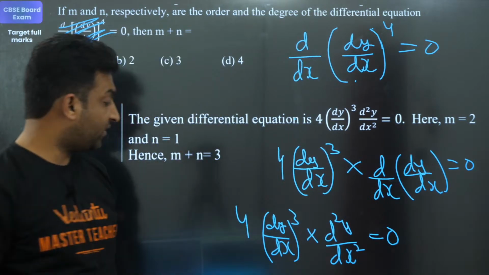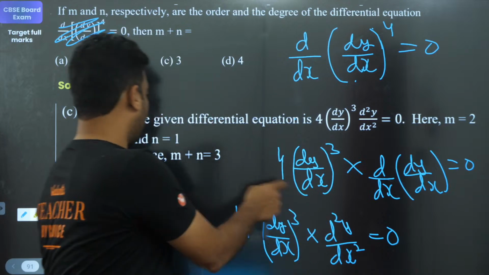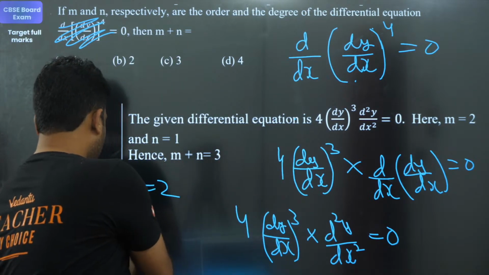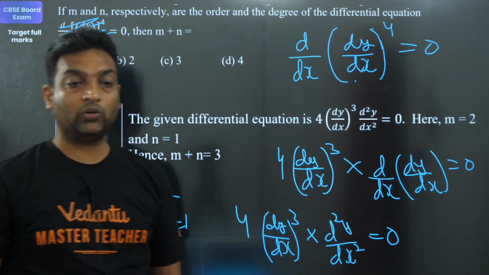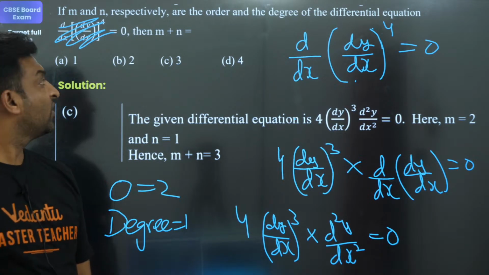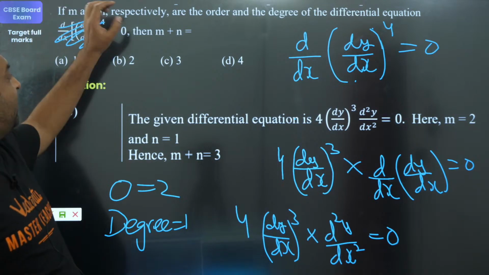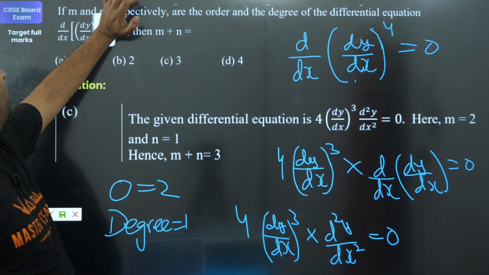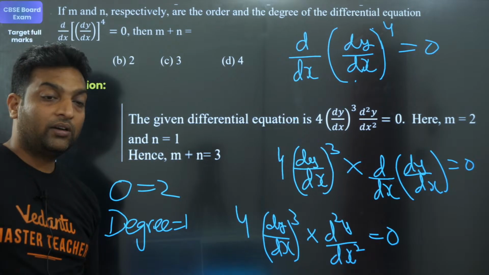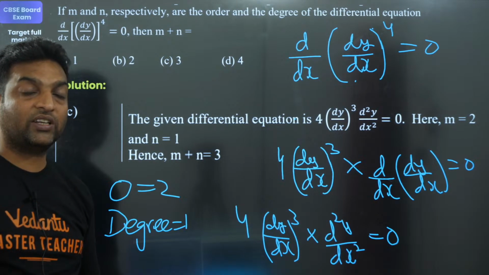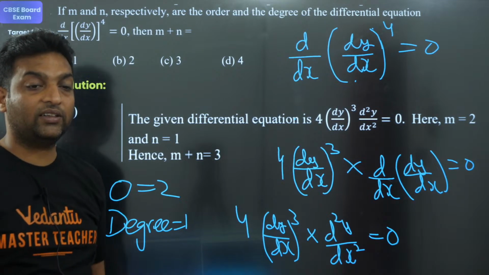Now you can clearly see order 2, degree 1. This greatest integer function symbol that was put there was a little confusing. Do not take this symbol or bracket as the greatest integer function until it is given as greatest integer.